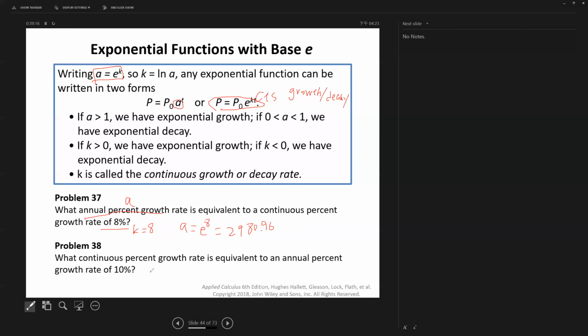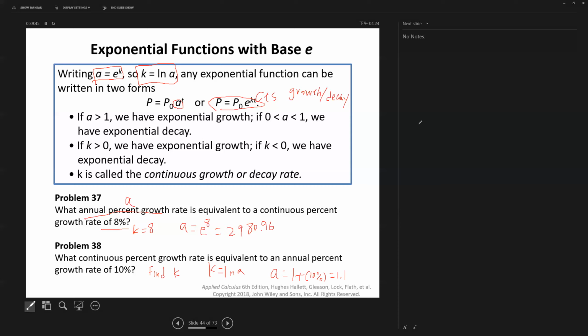All right, so here we are trying to find k. K is actually ln of a, as we see up here. So a is going to be 1 plus the annual percent growth rate, which is positive 10%. That is 1.1.